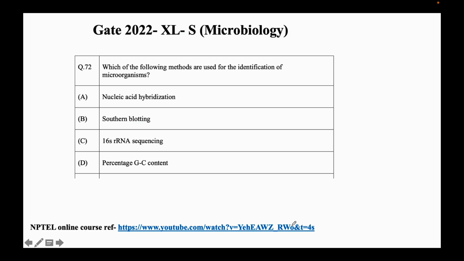Coming back to the question, the percent GC content is more related to the whole genome, and it is mainly the same in prokaryotes.